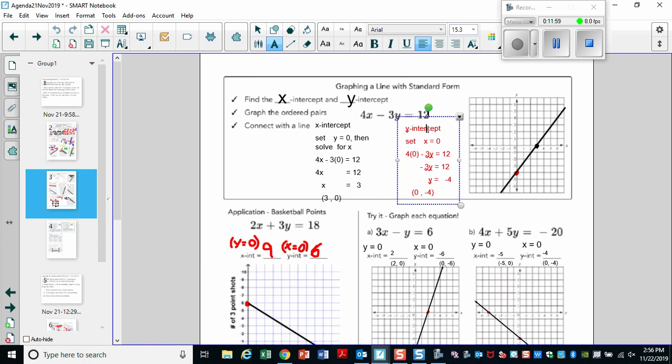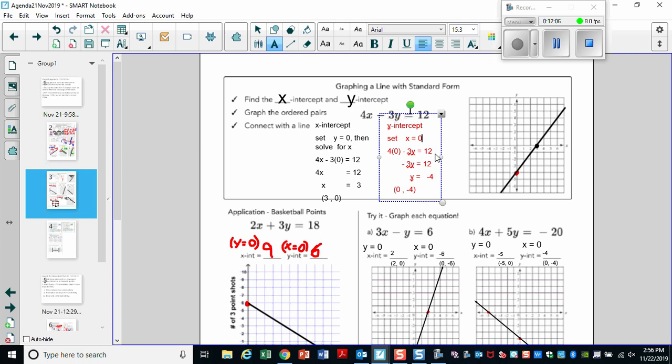Similarly, for the y-intercept, you set x equal to 0 and solve for y. Once we set x equal to 0, the x term goes away, so we're left with -3y equals 12.